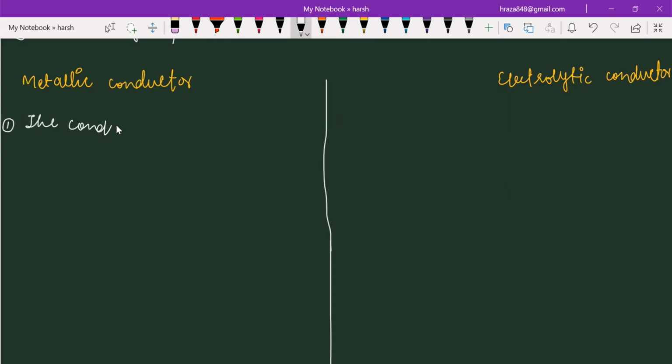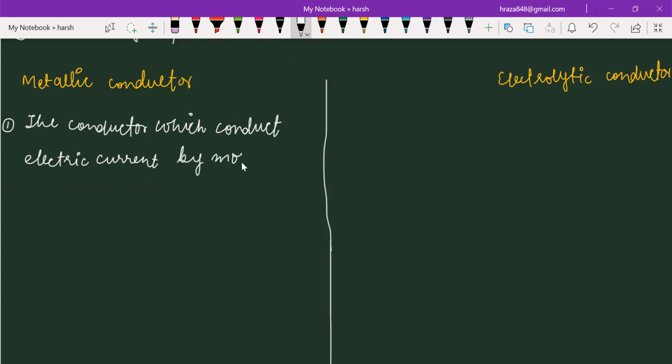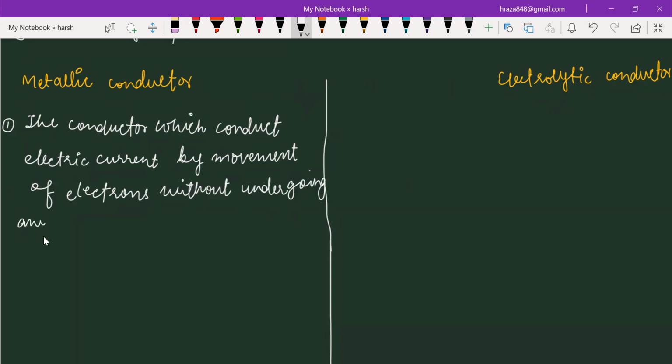The conductor which conducts electric current by the movement of electrons without, this is a very important point, without undergoing any chemical change.